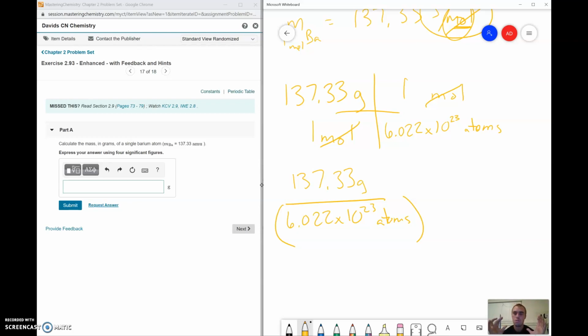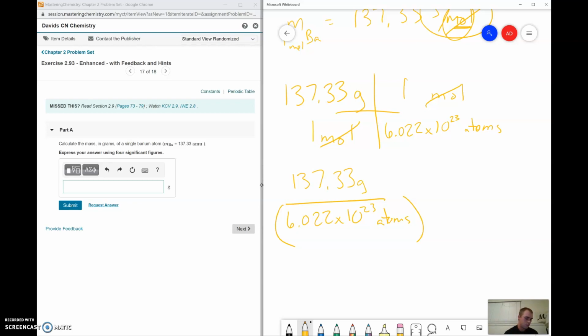That will help keep the order of operations the same in the calculator. Okay, so when you do this, we're going to get the mass of a single atom of barium, and this should be a very small number, most likely something times 10 to the negative something really, really small.